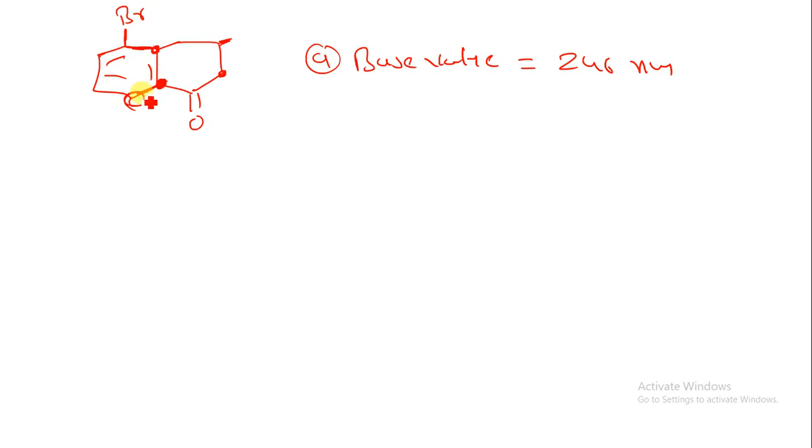So we are having two ortho positions. This is ortho, this is also ortho. This is meta, this is meta. In this ortho position we are having an alkyl ring residue, or we can say a ring residue. Suppose I cut this molecule this way, what will happen? Here I am having a meta Br substituent.